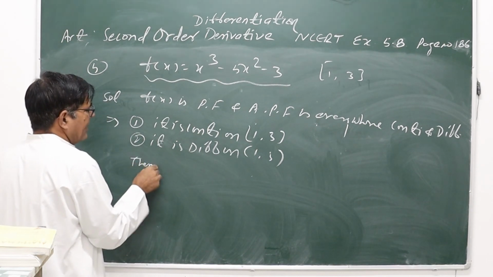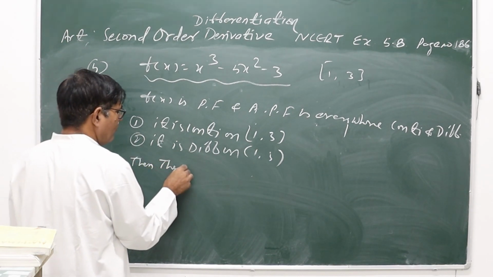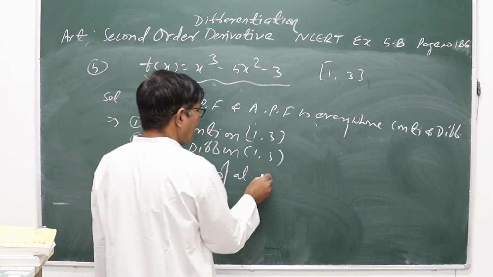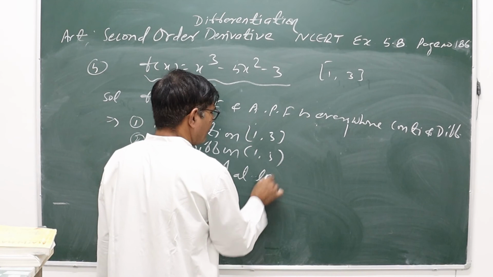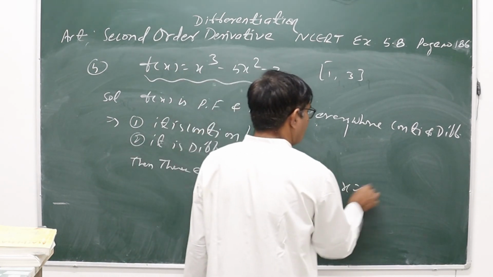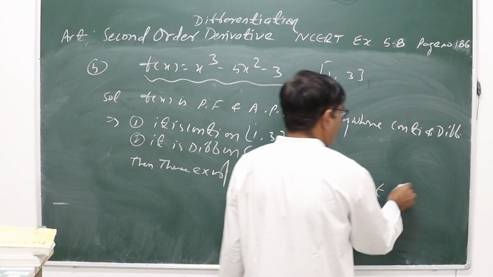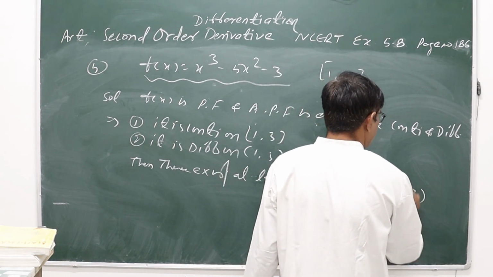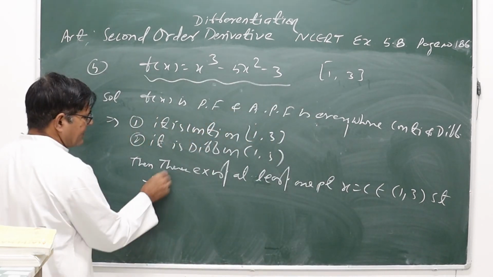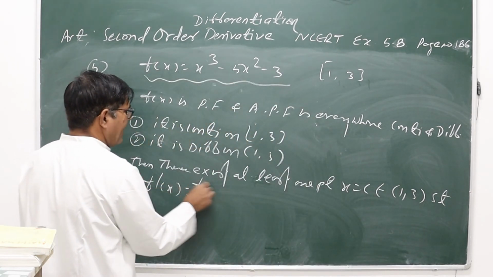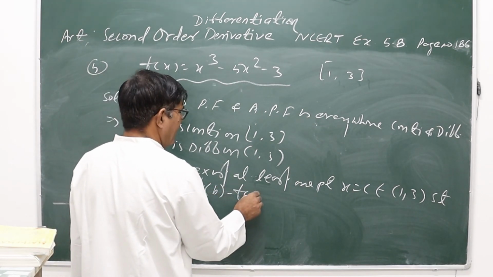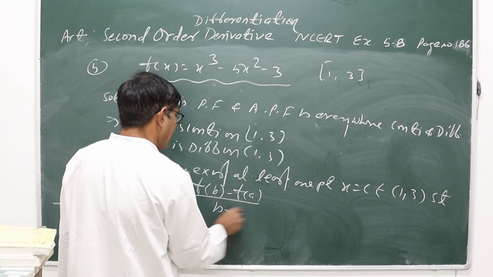Then there exists at least one point x = c belonging to the open interval (1, 3) such that f'(x) will be equal to (f(b) minus f(a)) upon (b minus a).